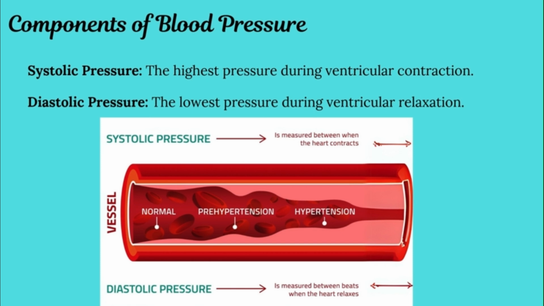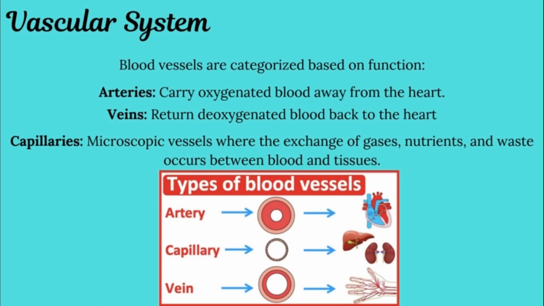Diastolic pressure, the lowest pressure during ventricular relaxation. Vascular system. Blood vessels are categorized based on function. Arteries carry oxygenated blood away from the heart. Veins return deoxygenated blood back to the heart. Capillaries, microscopic vessels where the exchange of gases, nutrients, and waste occurs between blood and tissues.